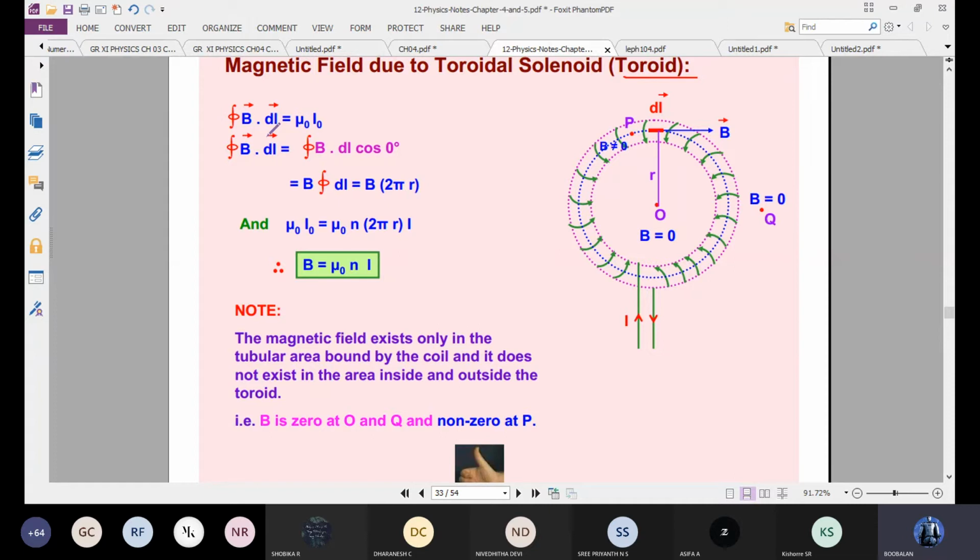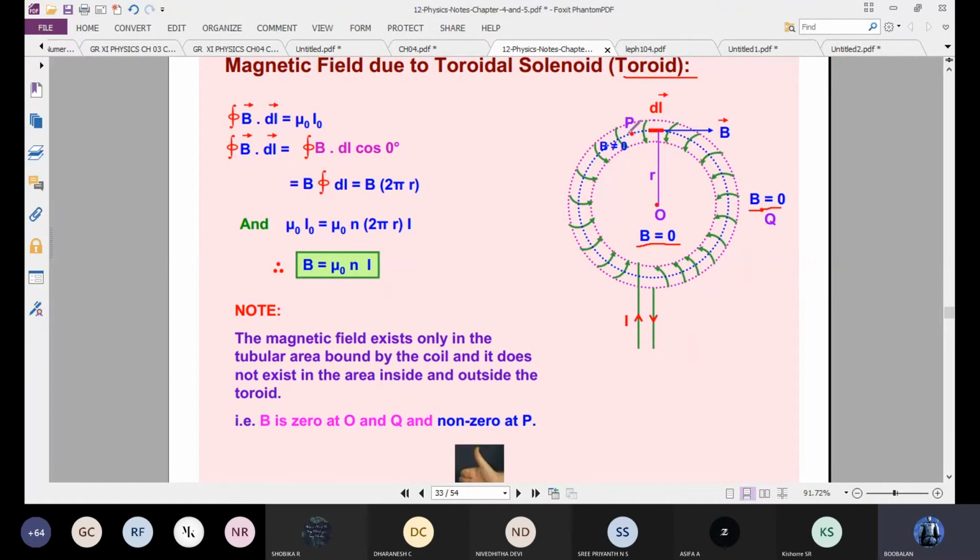B dot dl equal to mu naught I naught using the Ampere circuital law. B dot dl cos theta, theta value 0 degree. Outside it is 0. Inside also B value 0 in the hollow region. It is only applicable inside.